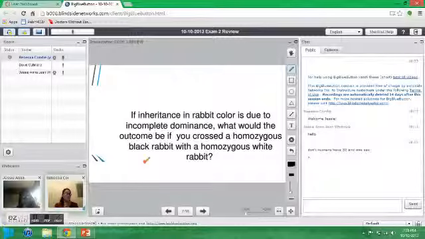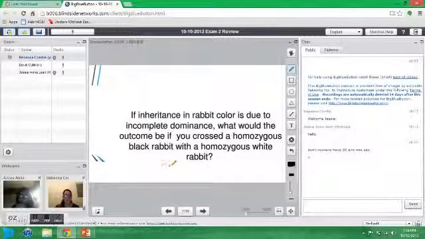Actually, this is like the example she gave of the white and the red flowers, where the offspring were pink. Incomplete means neither one of them has control over the other. So you wouldn't have white, you wouldn't have black, but instead you'd have gray.